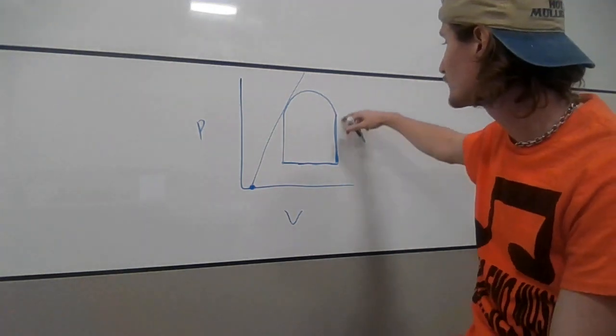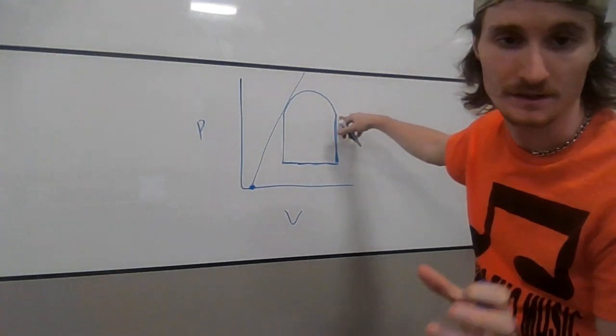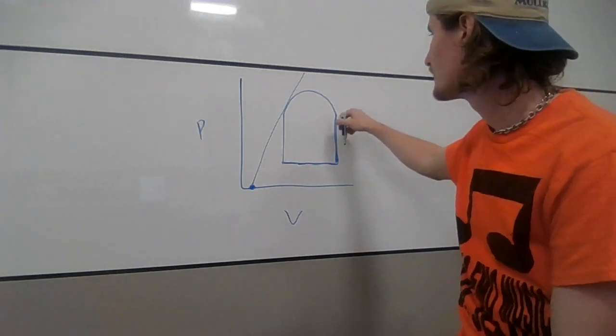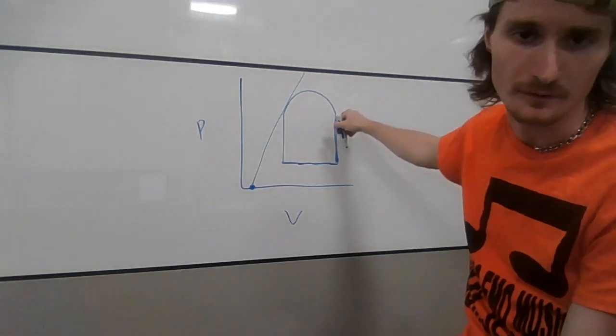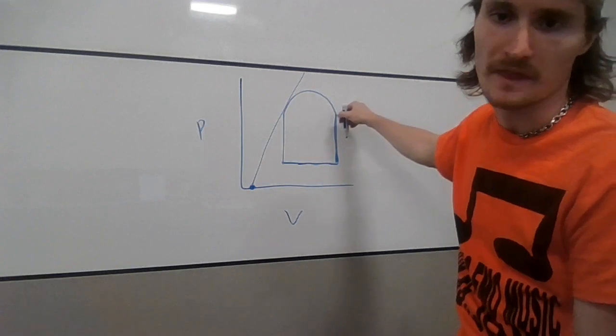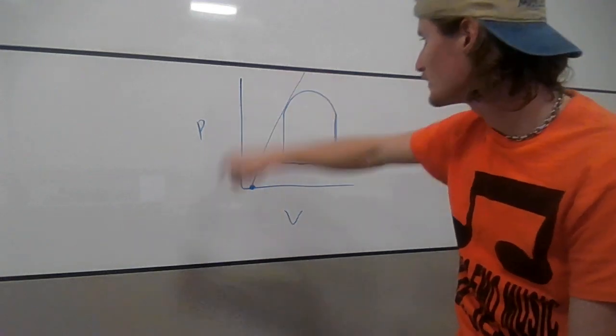Now when the valve closes, pressure is going to increase because the ventricle is going to contract. Once it contracts to a certain amount of pressure, it is then going to open up the semilunar valve, or the aortic valve. When that opens, it shoots the blood out.